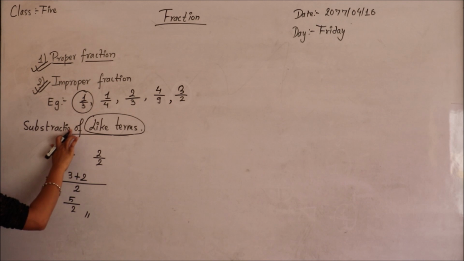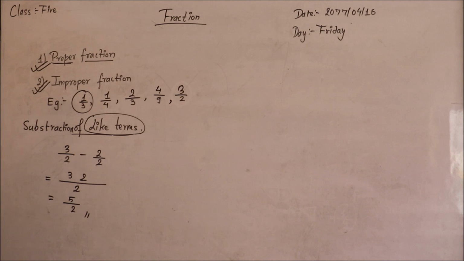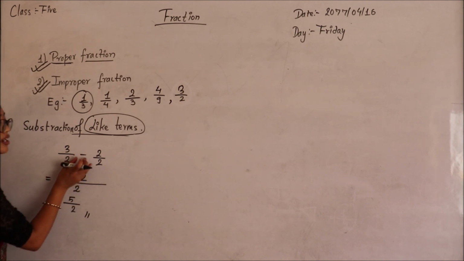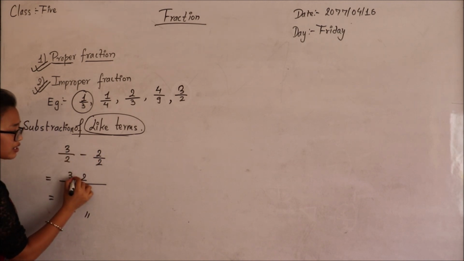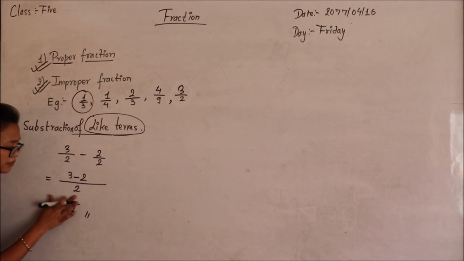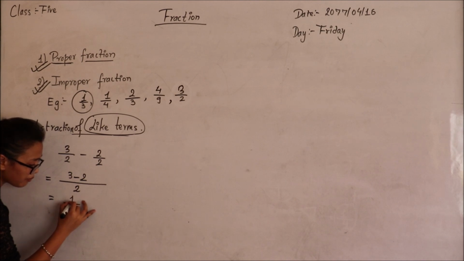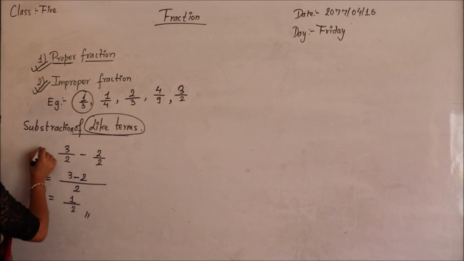Subtraction of like terms. So here is minus. As I said earlier, the tricky thing you have to use is the difference of numerators divided by the same denominator, 1 by 2. Got it? So number 1 is done.